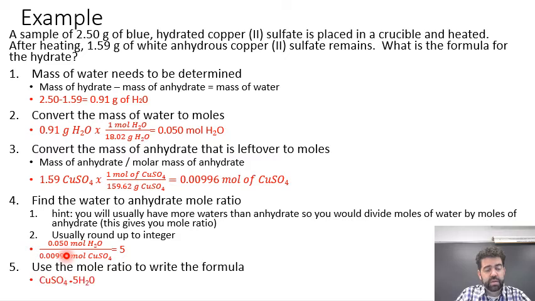So then we're able to write that down as there's a 1 implied here, but it's not written, just like when you're balancing equations. Copper(II) sulfate, and then 5, so that would be pentahydrate. So now we know. If you're in a lab and you do all this, and you don't know what the formula is, this is the way you would do it.